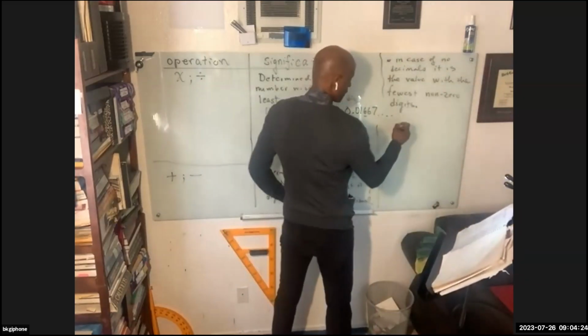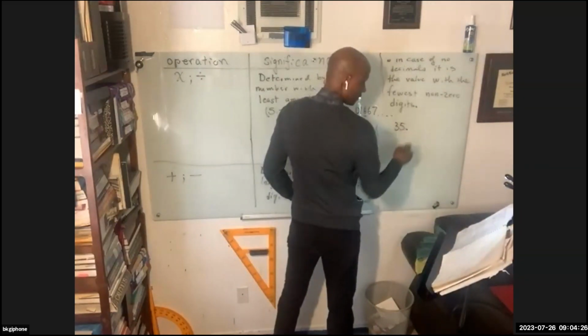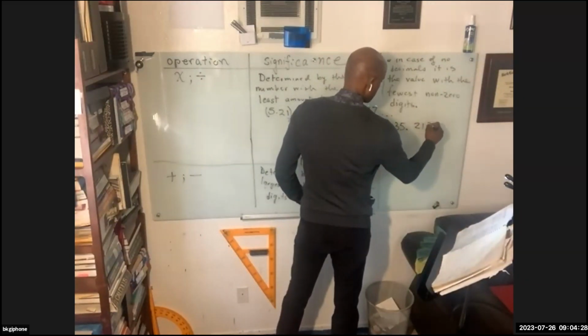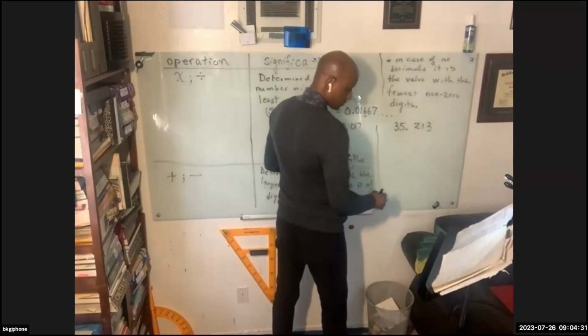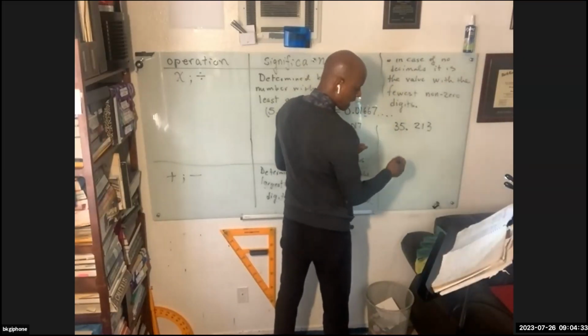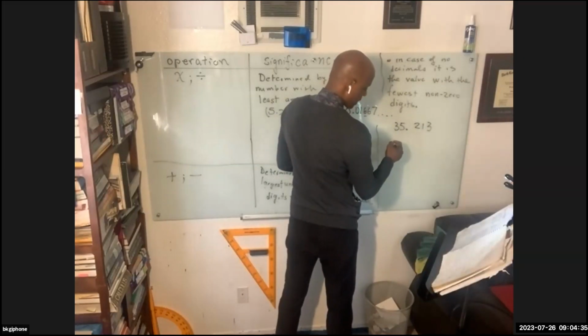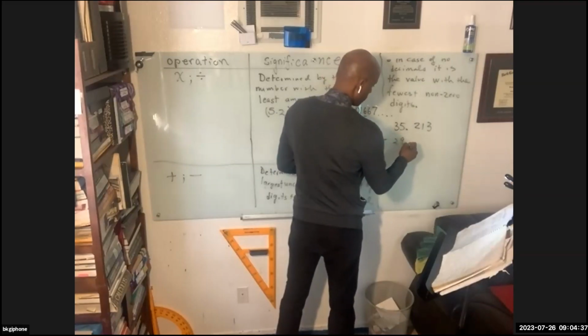So if you add a number, 35.213, and you're subtracting from it, let's say, minus 29.1.